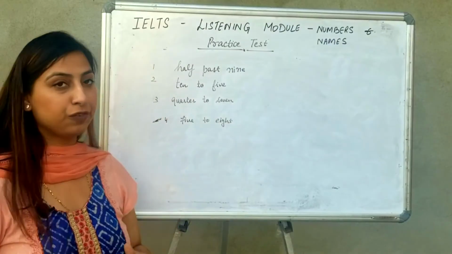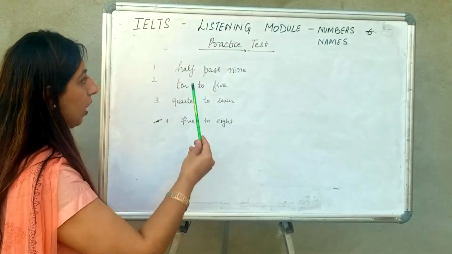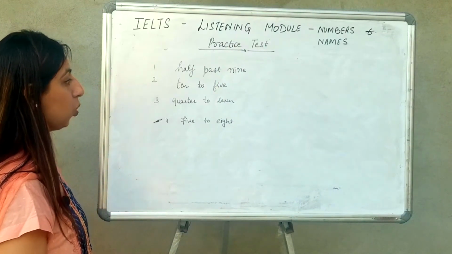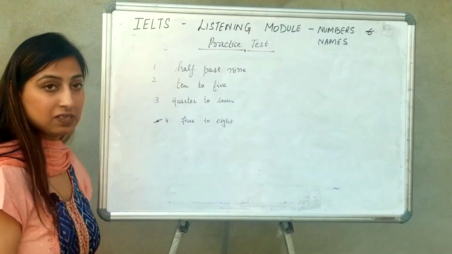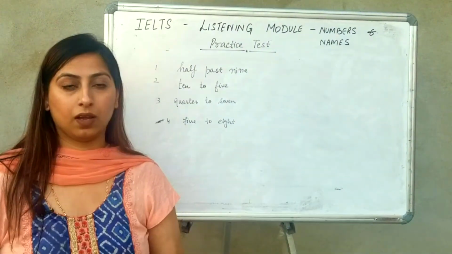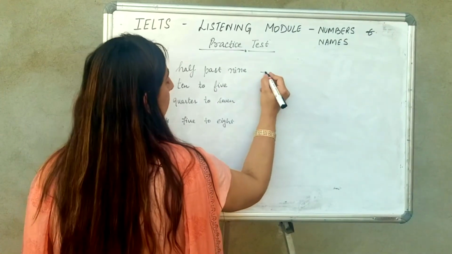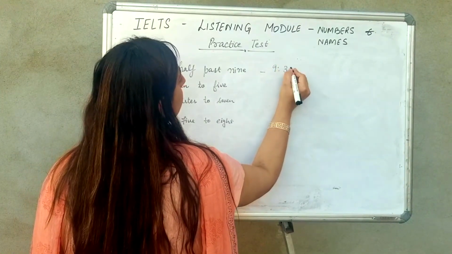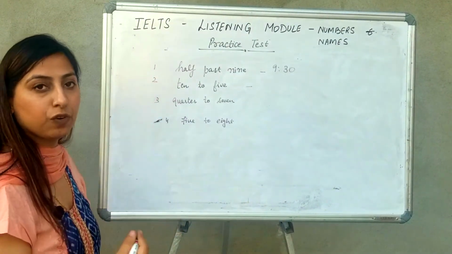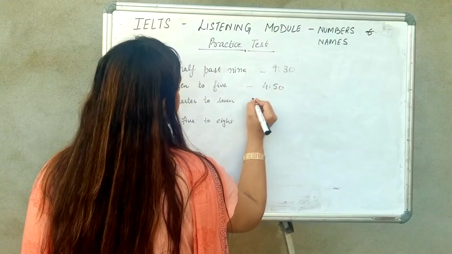So these are a few exercises for time. First is 9:30, second is 10 to 5, quarter to 7, and the last one is 5 to 8. You can give me the answers and take your time. So let's look at the answers. 9:30 means 9:30. 10 to 5 means 10 minutes are still left for 5, that means 4:50.